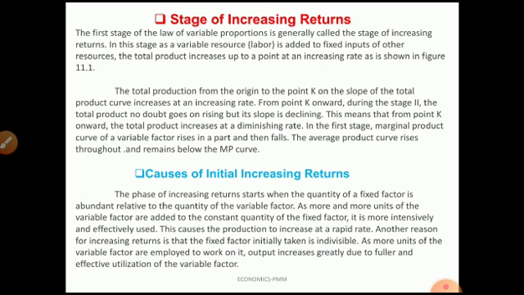This causes production to increase at a rapid rate. Another reason is that the fixed factor initially taken is indivisible. As more units of the variable factor are employed to work on it, output increases due to fuller and more effective utilization of the variable factor.